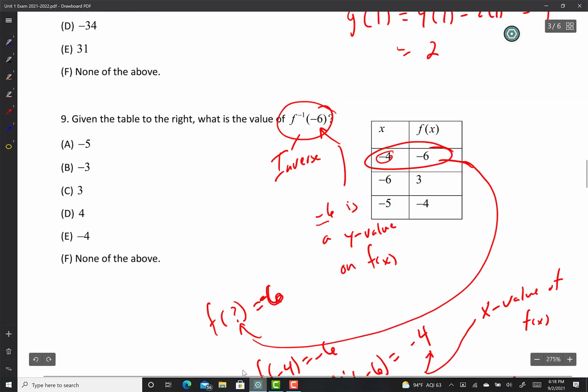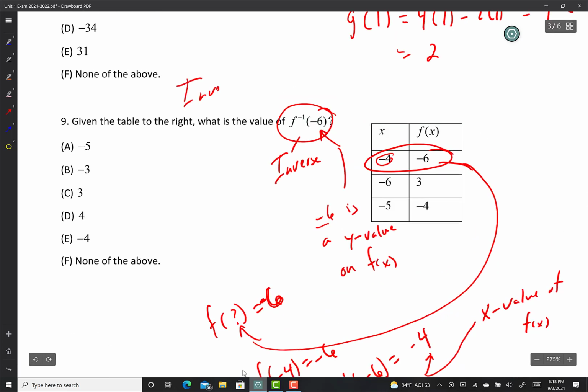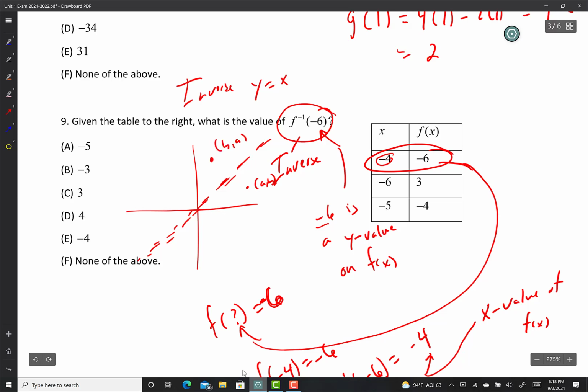Because remember, for you to be an inverse, guys, it must reflect across the line y equals x. So that's part of the property. You must reflect across this line. So if I have a point a comma b, and I reflect across that line, then I'm right here at b comma a. So Chavez, what are you trying to say? If I have a point a comma b on f, and I find the inverse of it, then it's going to turn to b comma a.